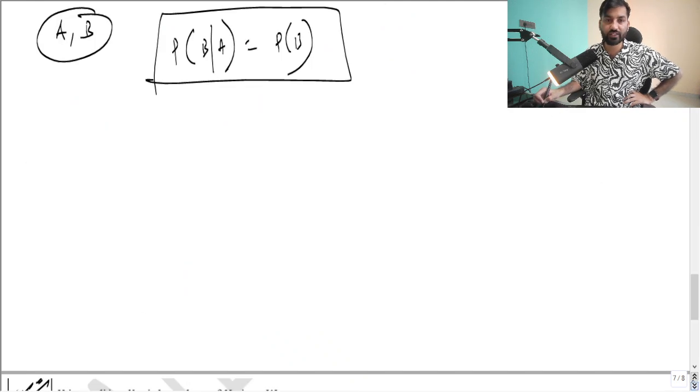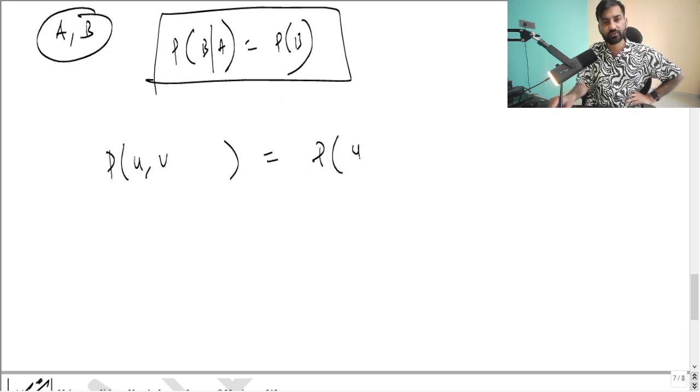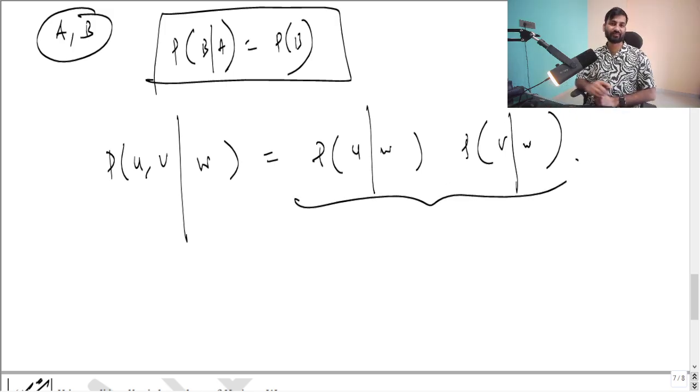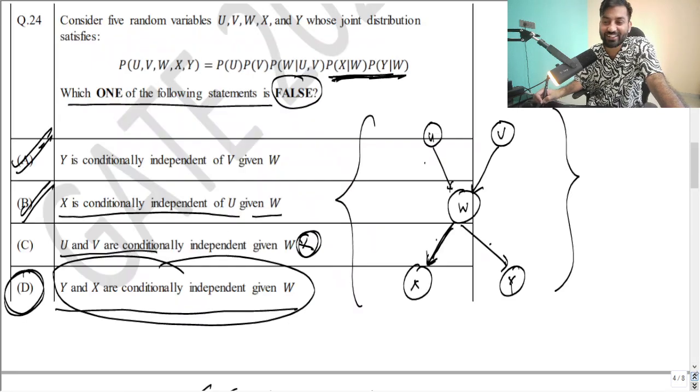Let's say that U and V are independent, so you know this should be there, but given W, I think this is not given. W cannot come first, guys, according to this question. U and V are conditioned given W; this is wrong.